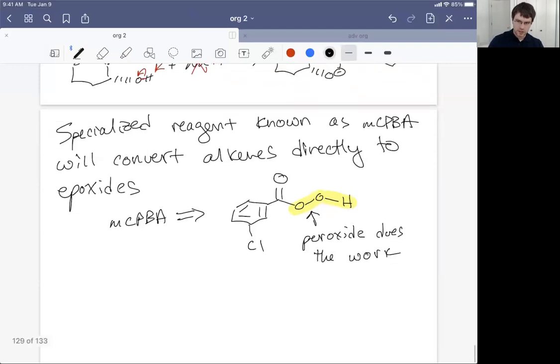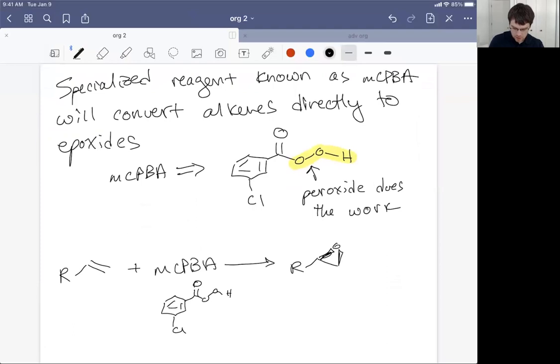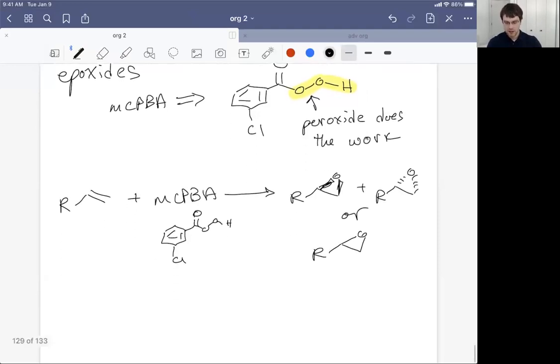So what we can do with this is we can actually take our alkene plus MCPBA to make, and we could draw this if we want. I know you want to. Our epoxide, which could be shown as either enantiomer or just the straight lines to imply to me that we have a racemic mixture.